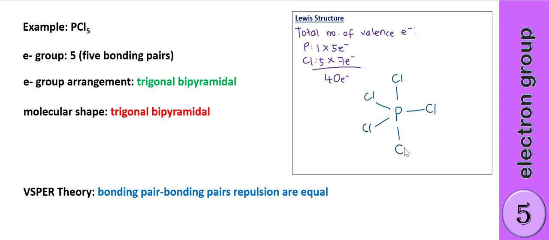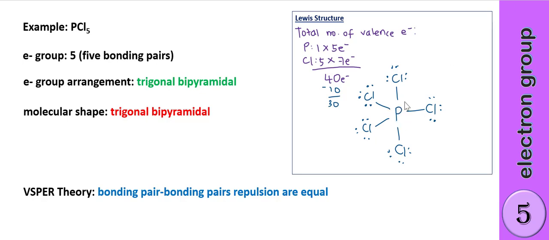We already used 2, 4, 6, 8, and 10 electrons. 40 minus 10, so we have 30 more electrons left. 1, 2, 3, 4, 5, 6, 7, 8, 9, 10, 11, 12, 13, 14, 15, 16, 17, 18, 19, 20, 21, 22, 23, 24, 25, 26, 27, 28, 29, 30. So we have already used up all the electrons.